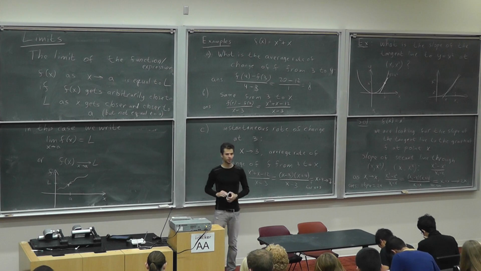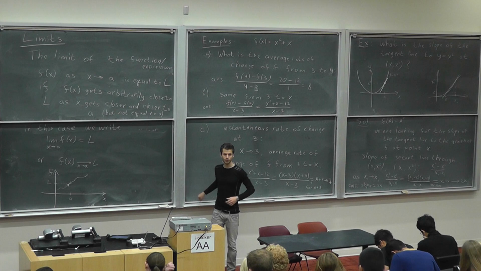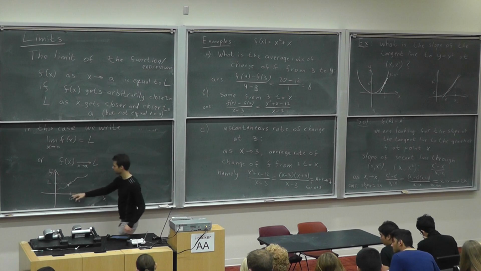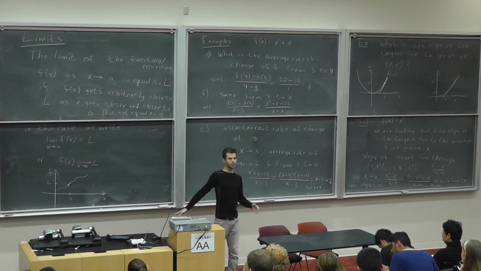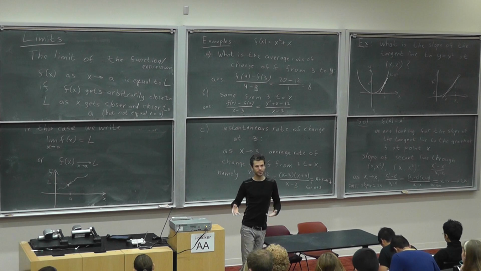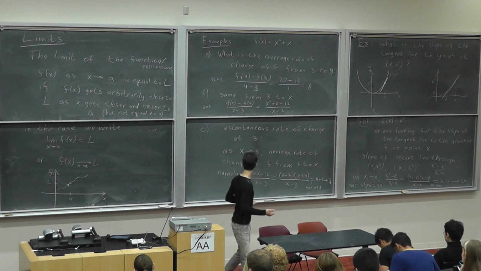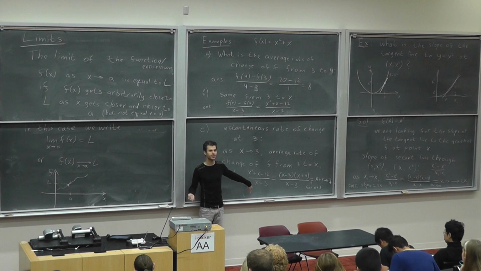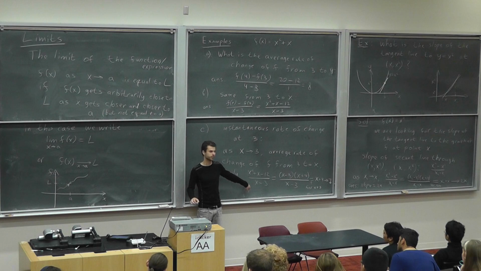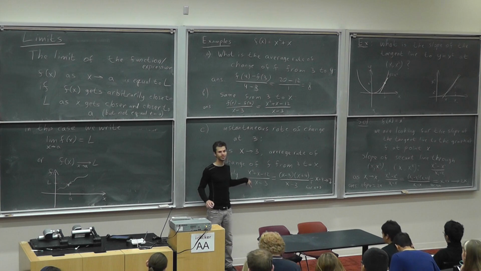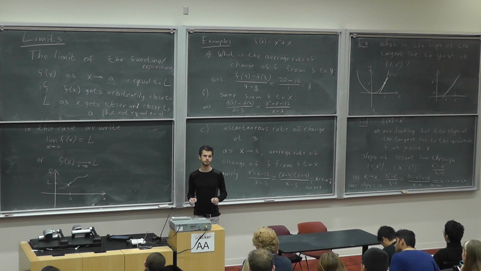Well, the natural question is, why don't I just require my function at the point a to be equal to L and then be done with it? Well, the reason is, in many situations, like in this situation, the function is just naturally not defined somewhere. Say this function is not defined at the point 3.